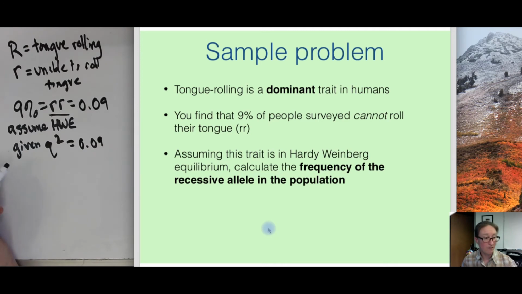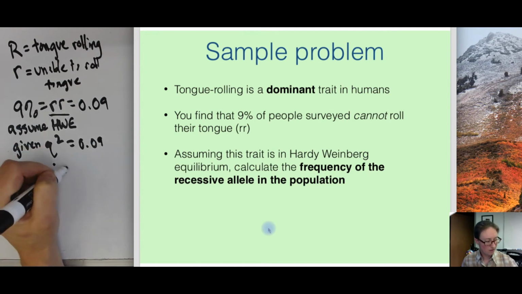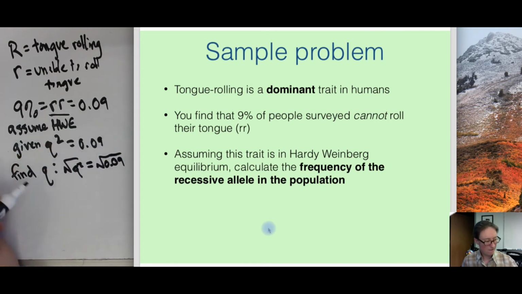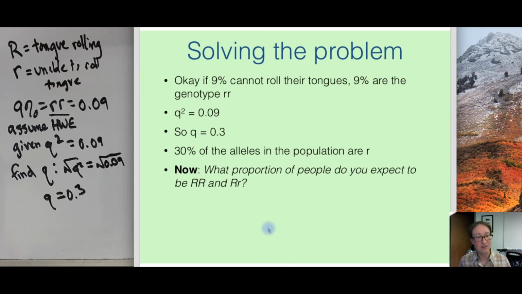And if we need to calculate the frequency of the recessive allele in the population, this is asking us to find Q. So all we need to do is take the square root of Q squared, the square root of 0.09, and so we'll find Q is equal to 0.3. Okay, so what that means is, there's only 9% of people that can't roll their tongues, but 30% of the alleles in the population are the little r allele.